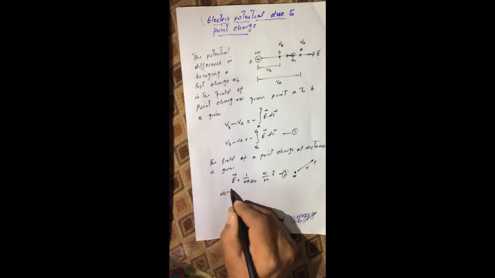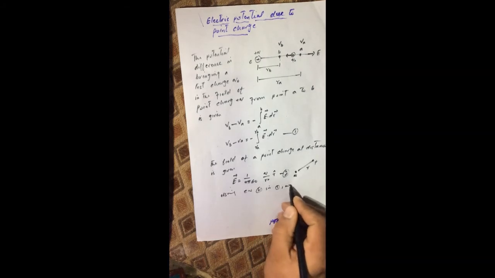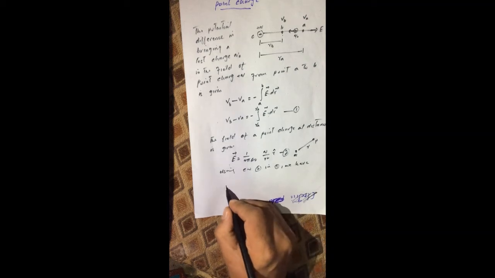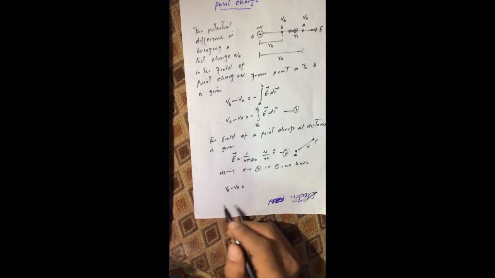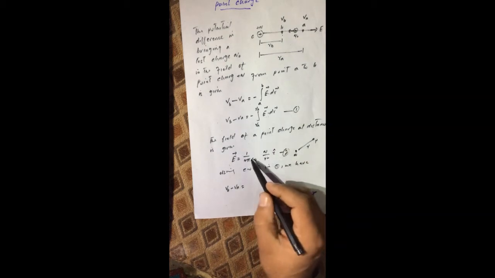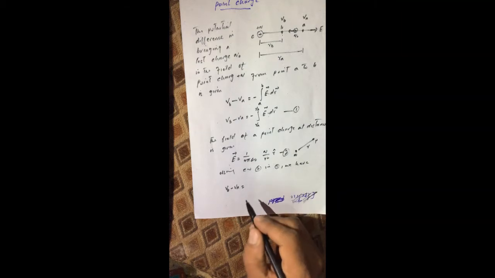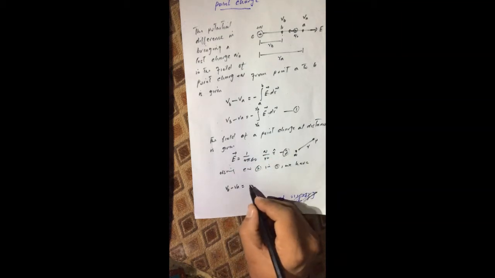Using equations 2 and 1, we have VB minus VA is equal to, if I put this value here, then 1 over 4 pi epsilon naught and Q are constants, so I will bring them outside of the integral.